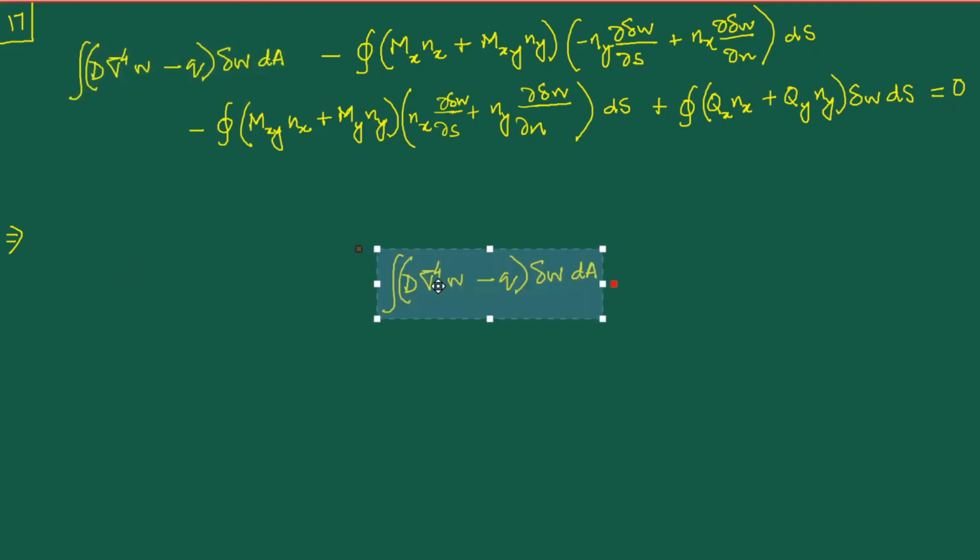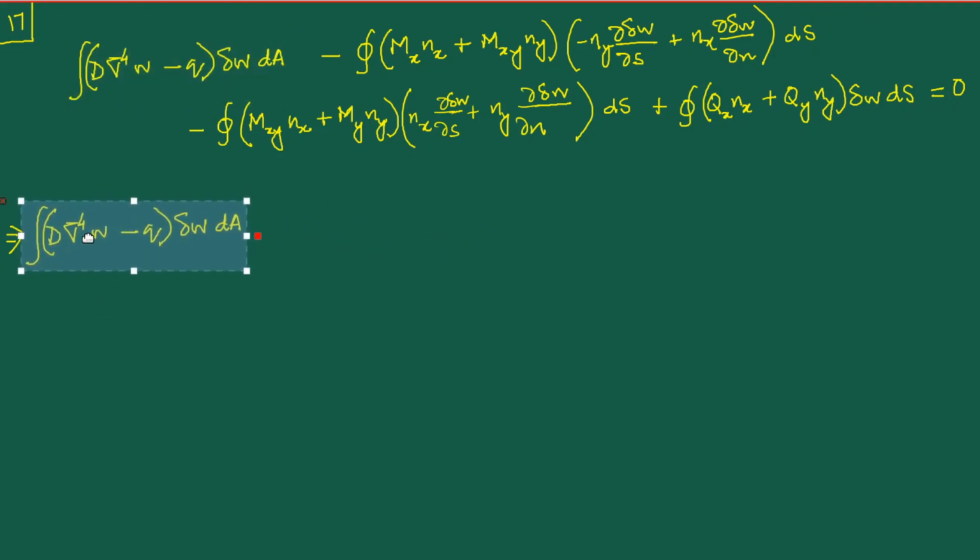That remains the same. Next, I'll multiply this out. So that gives me minus mx nx ny, minus mxy ny squared.